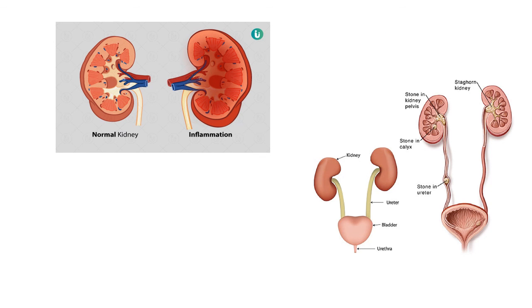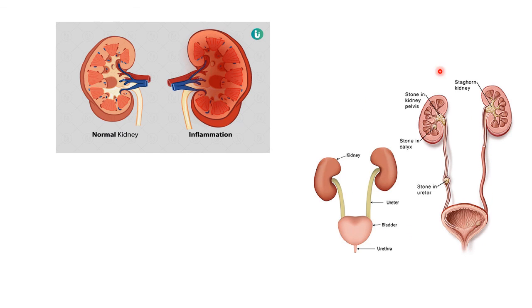So this is a normal kidney, and this is a kidney enlarged due to nephritis, swelling or inflammation of the kidney. And this is calculi. You can see stones in the calyx, stones in the pelvic area, and stones in the ureters. Sometimes they form in the bladder, so it will cause severe pain during urination.